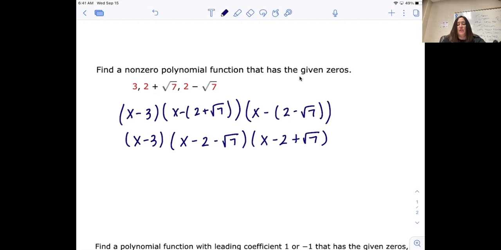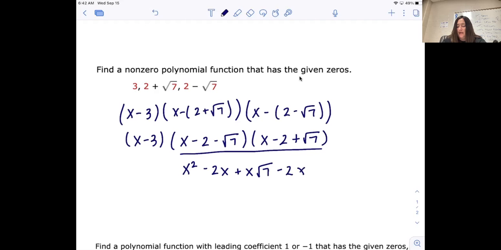Now, my suggestion is to always multiply the two pieces that have the square root first. So I'm going to take x times x, that's going to give me x squared, and then minus 2x, then plus x square root of 7. Go ahead and multiply the next one. So I'd have negative 2x plus 4, and then minus 2 square root of 7. I'm going to run out of room a little bit, so I'm going to go below.